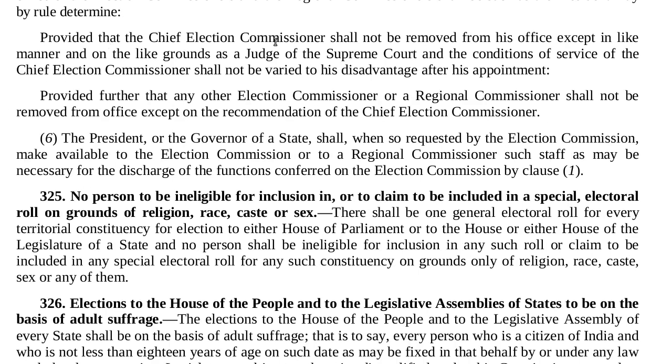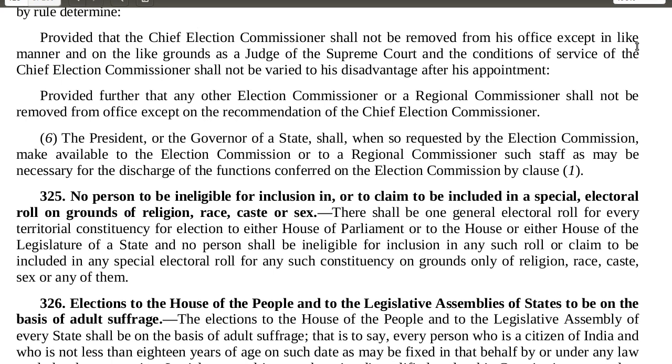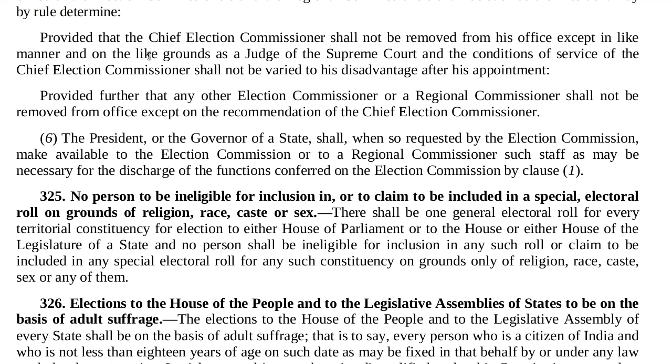Provided that the Chief Election Commissioner shall not be removed from his office except in like manner and on the like grounds as a Judge of the Supreme Court, and the conditions of service of the Chief Election Commissioner shall not be varied to his disadvantage after his appointment. Provided further that any other Election Commissioner or a Regional Commissioner shall not be removed from office except on the recommendation of the Chief Election Commissioner.